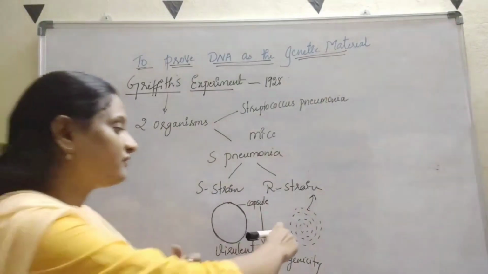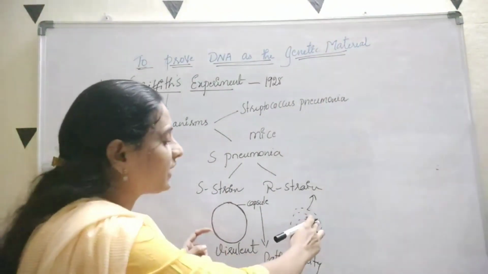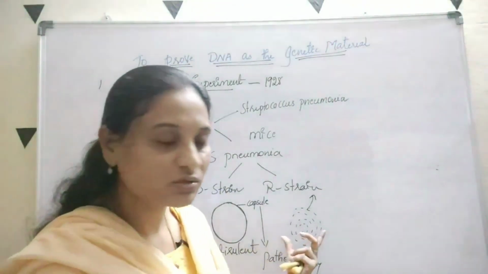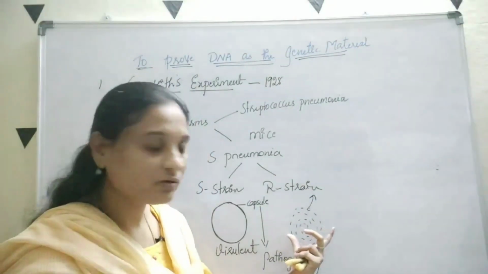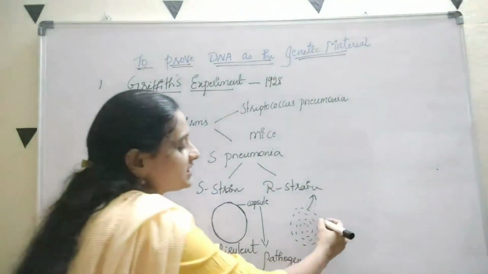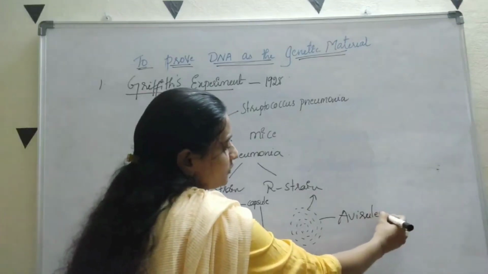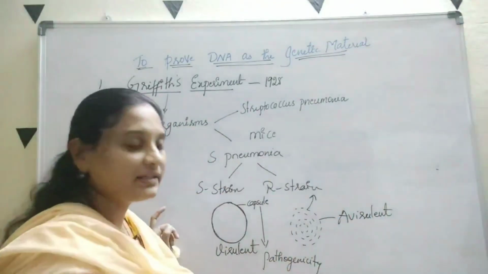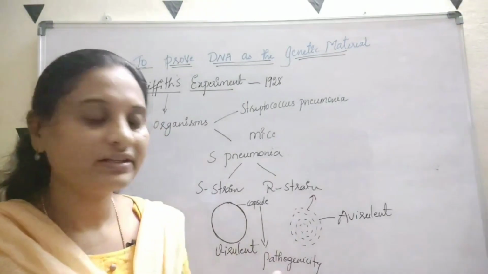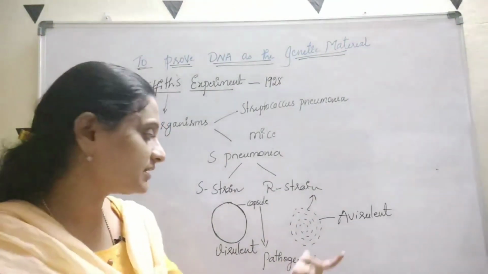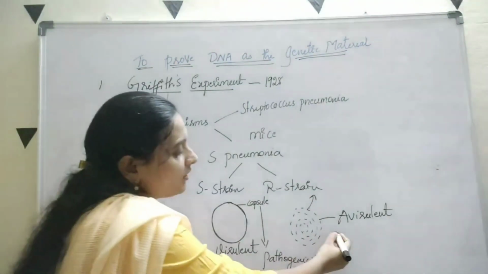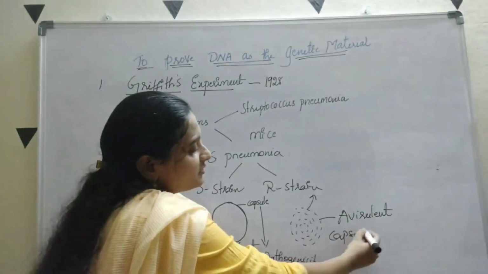Whereas the rough strain has an absence of capsule. That means the rough strain is not surrounded by a capsule, so it is avirulent in nature. It doesn't have the ability to cause disease in the mice because of the absence of the capsule.